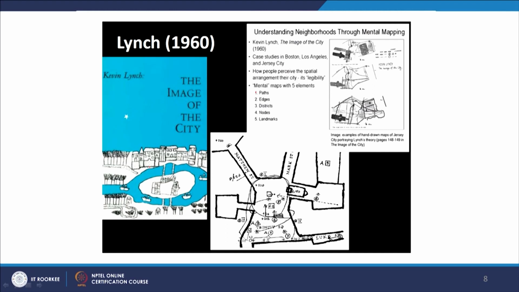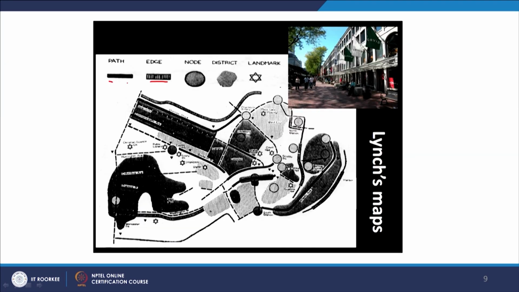This is where Kevin Lynch talked about five elements of mental maps: paths, edges, districts, nodes, and landmarks. For instance, I can show you how he talks about these five elements. One is the path, how the pedestrian paths, the passages or the alleyways are all connected.